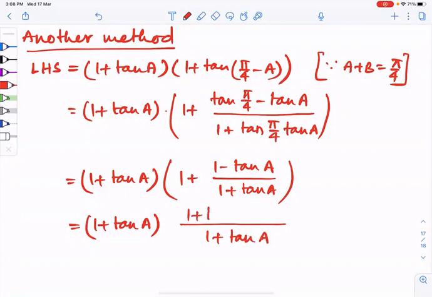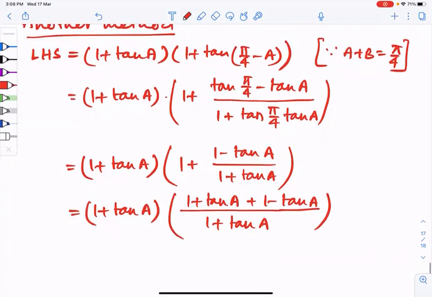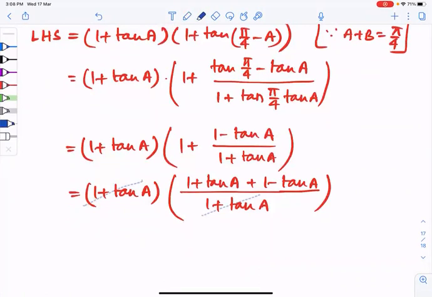I will get 1 plus tan A here plus 1 minus tan A here. Now this 1 plus tan A, this 1 plus tan A is cancelled, and not only that, this tan A minus tan A is cancelled, and finally I am getting 2 from there, which is our right hand side.